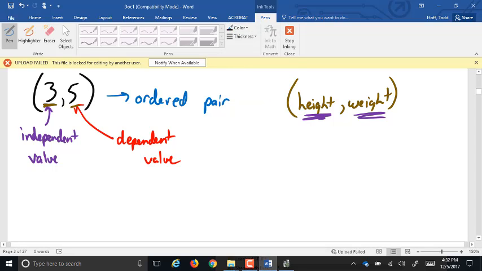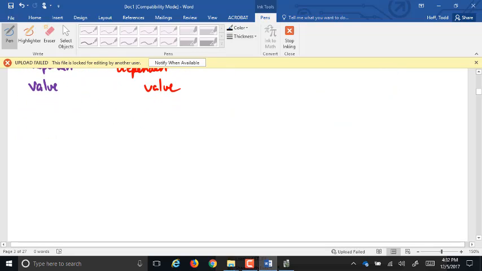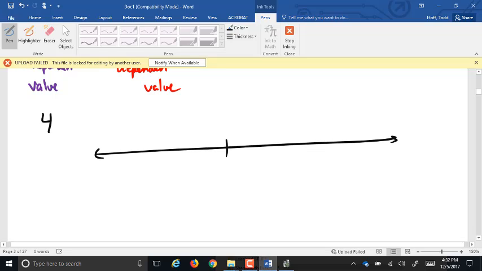Well, one of the things we do with numbers to make them easier and quicker to reference is we like to represent them graphically. Now, we have represented values on a number line. Like if I wanted to represent the value 4, there are two ways we could represent that.